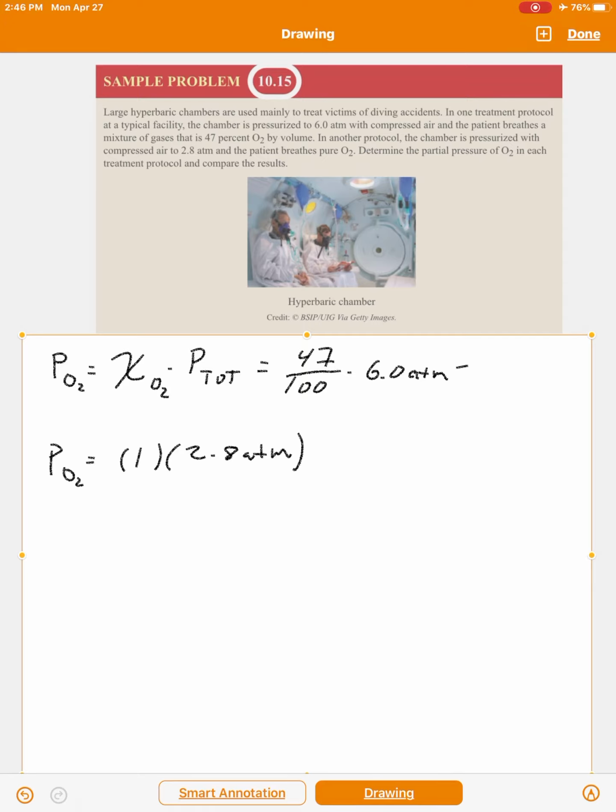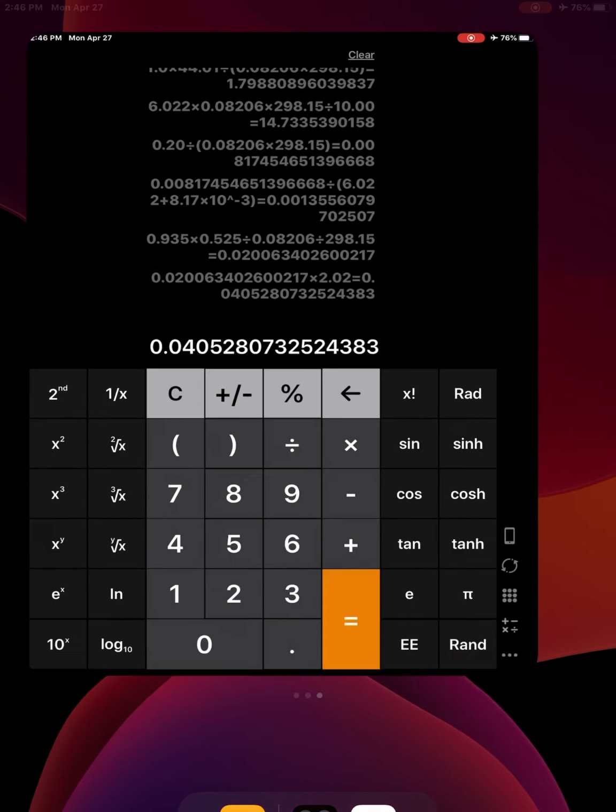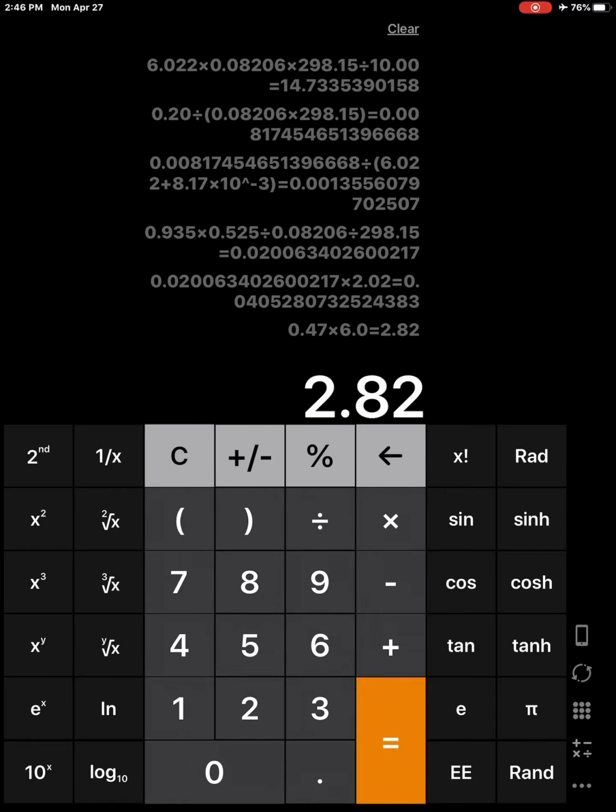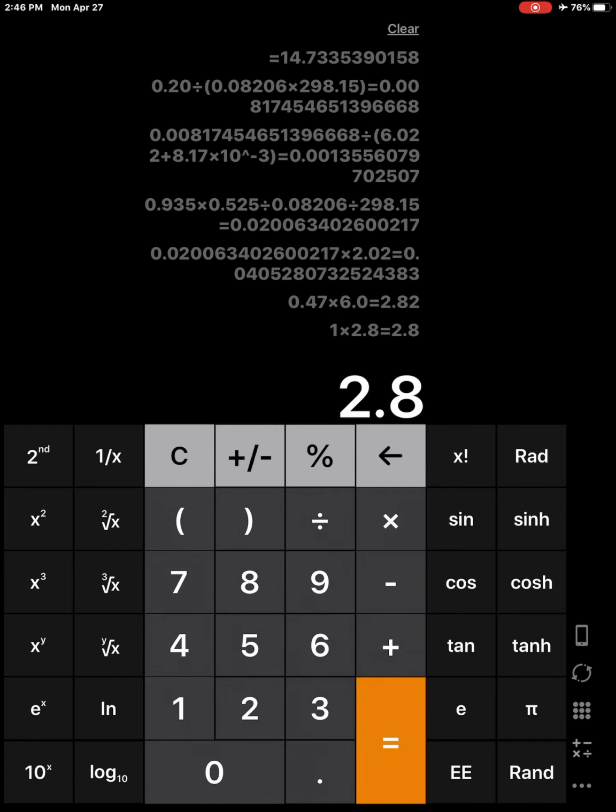So now, in part A, we would have 0.47 times 6.0 is 2.82. And then in the second one, 1 times 2.8 is 2.8.